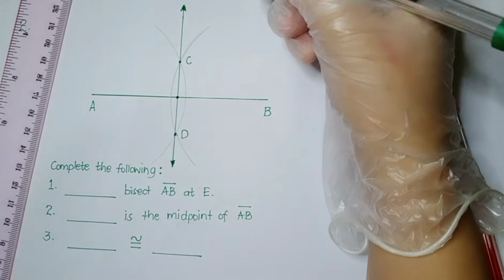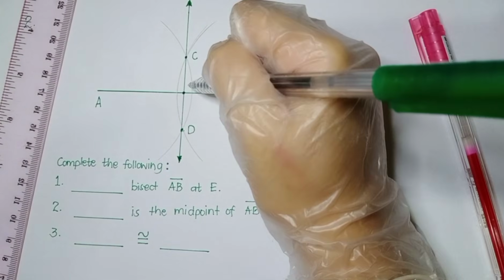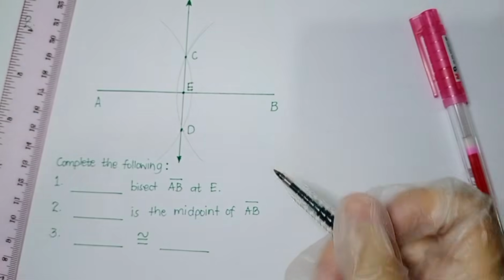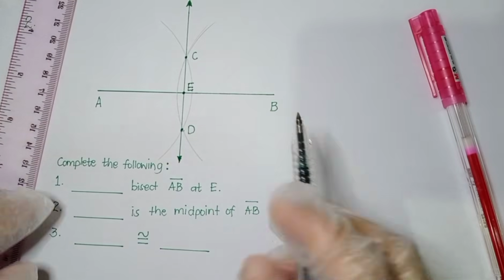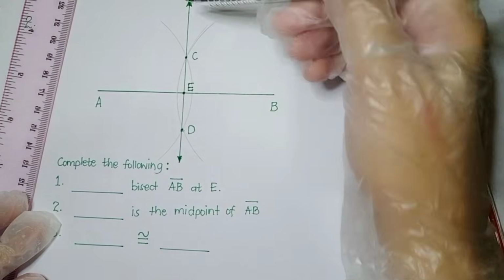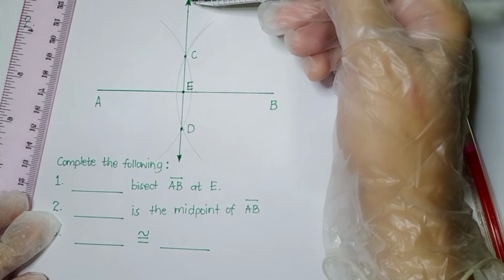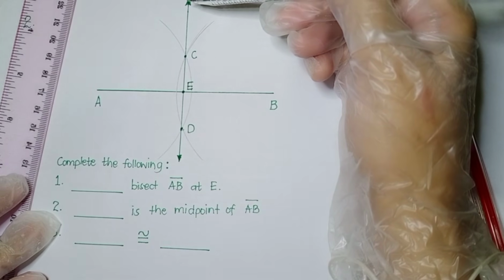Okay? Siya yung gitna. So, let us name this point as point E. So, this is your midpoint. Okay? This is your bisector. Or, ito rin po ay tinatawag nating perpendicular bisector. Why?